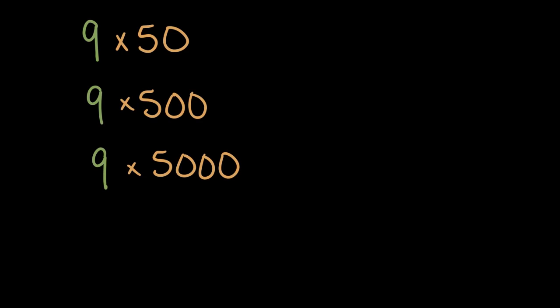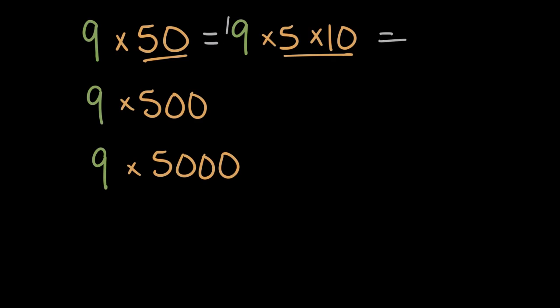9 times 50 will be the same as 9 times 5 times 10, because we broke up our 50 into a 5 times 10. And then if we multiply across, 9 times 5 is 45. And to the end, we're going to add 1 zero. The pattern for times 10 is to add 1 zero.